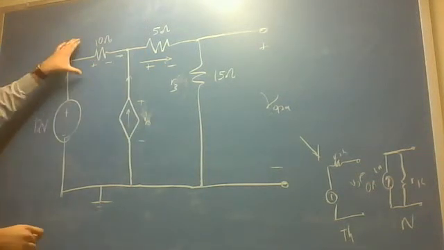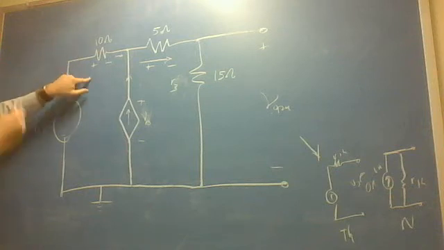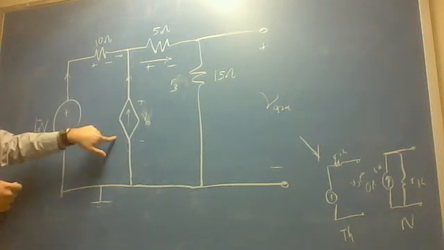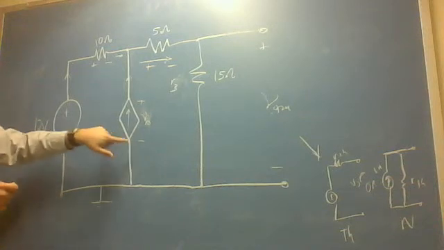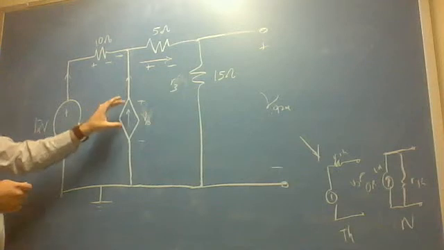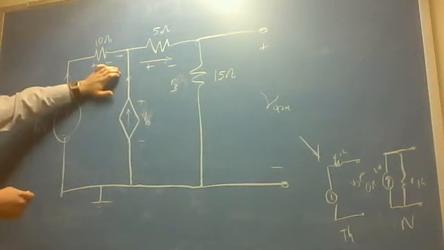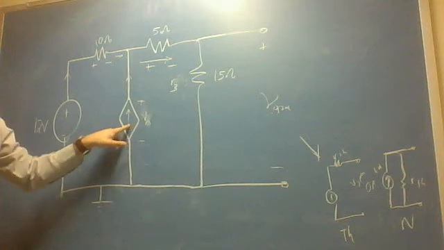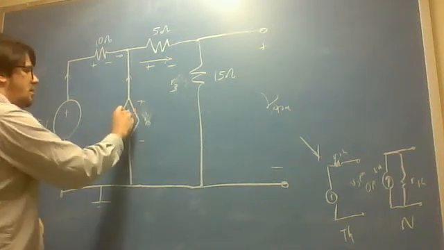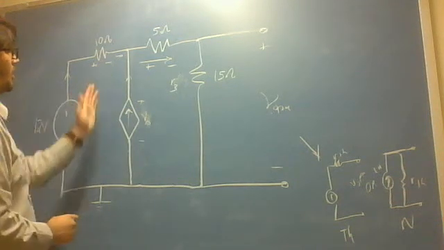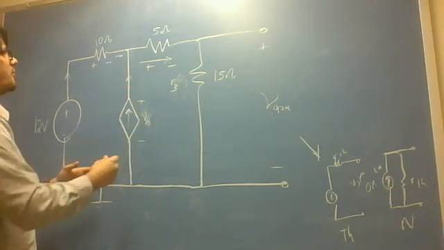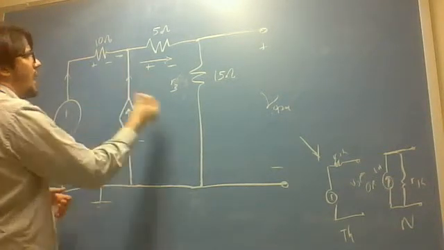Again, in the 10 ohm resistor, we have a plus minus polarity. And for the dependent source, we have a plus minus polarity from up to down. Even though that's the case, the current's actually going up, because the arrow always points in the direction of the current. You see the arrow here, it goes up. So we know they're both going to go inside the node, which means that whatever adds to that is going to have to come out, right?